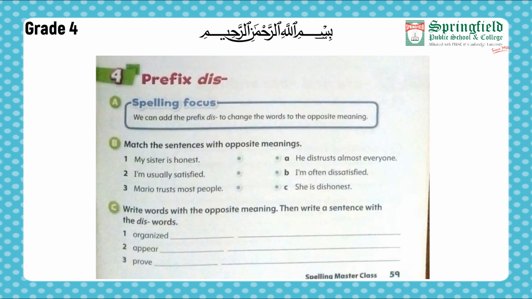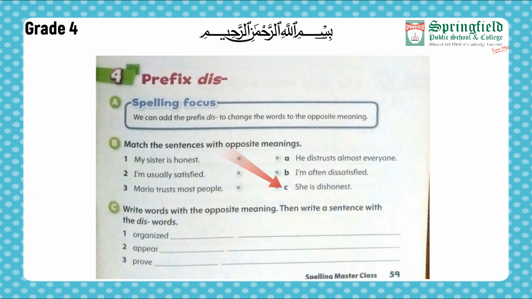Number 1. My sister is honest. A. He distrusts almost everyone. B. I am often dissatisfied. Or C. She is dishonest. So we have to match the first part with the opposite of it. So number 1 was my sister is honest. So the opposite of it is she is dishonest. So we are going to join 1 with C. Alright.